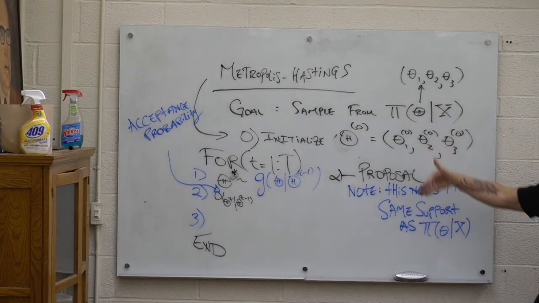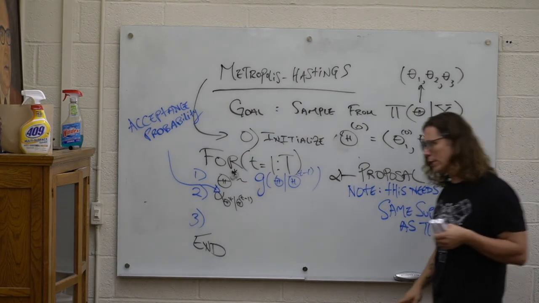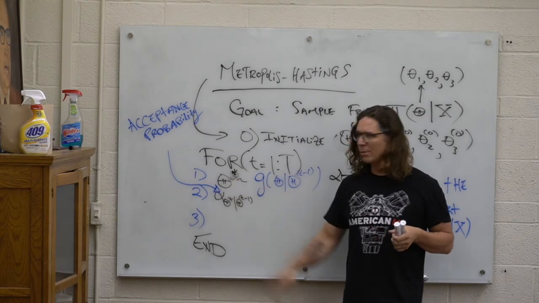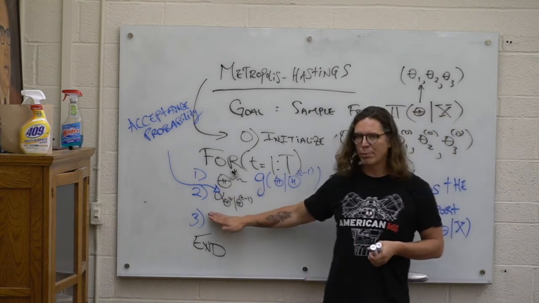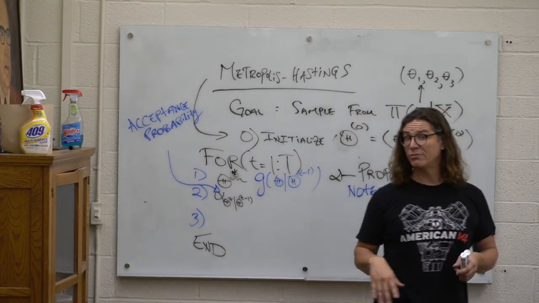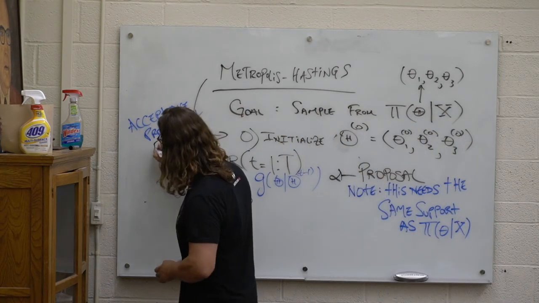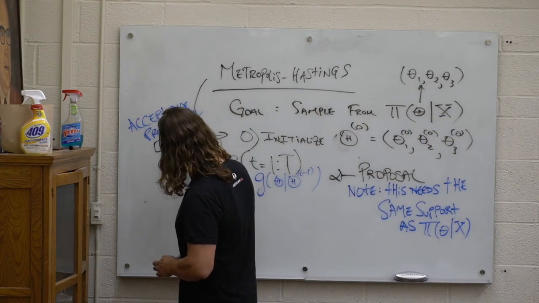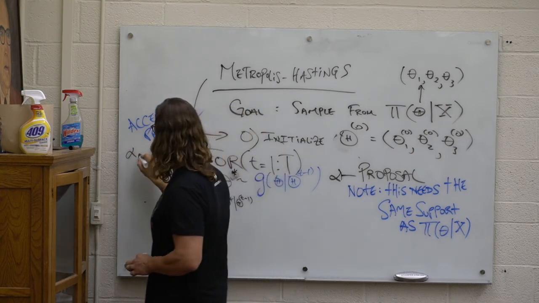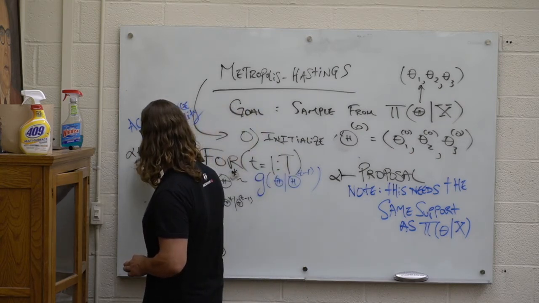So before completing the algorithm and telling you what this rule is, we're going to propose something, then I'm going to compute some probability. This is going to be a number that lives between 0 and 1, because it's a probability. So alpha is an element of this.